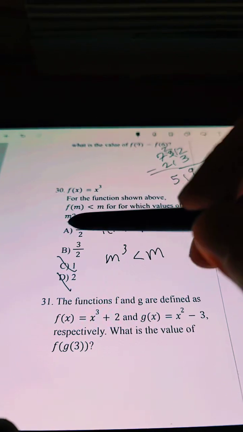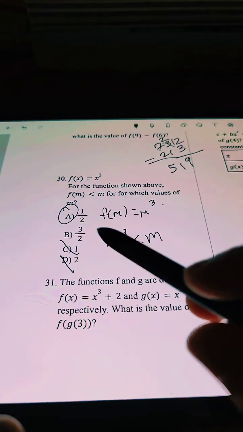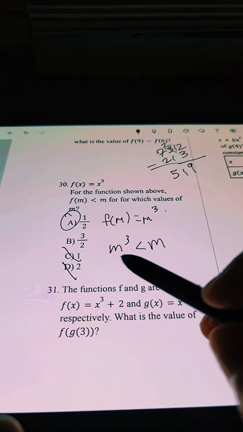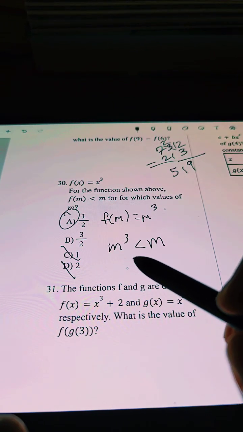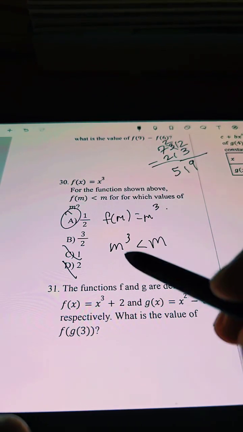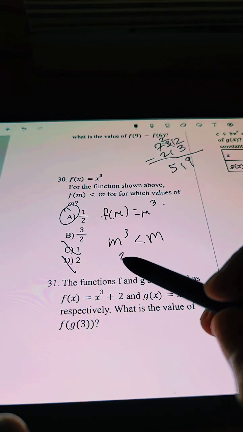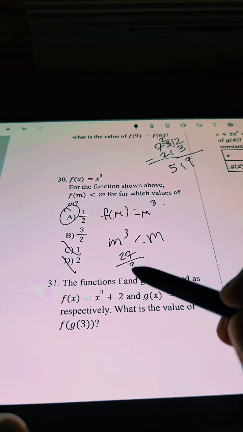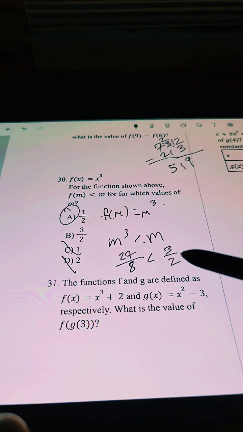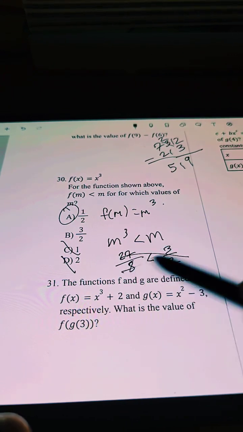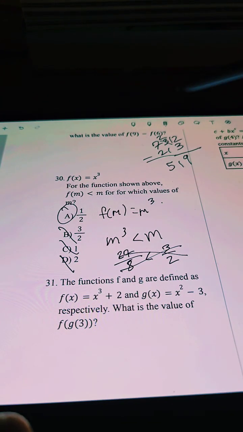So that works. But then you would see when you plug in 3/2, if you just want to prove it to yourself, 3/2 times 3/2 times 3/2 would be 27/8. And we would have to say, okay, is that going to be less than 3/2? Definitely not. So that's the plug-in way.